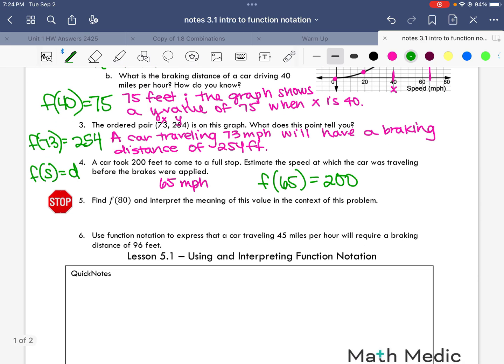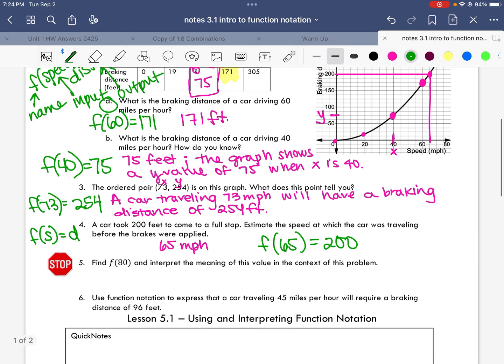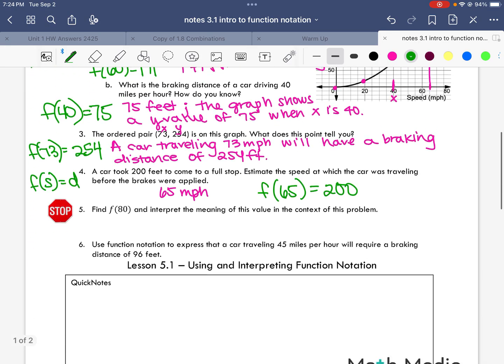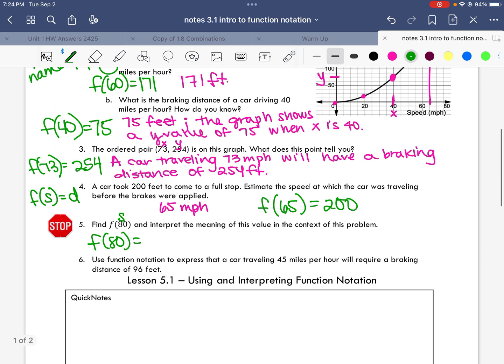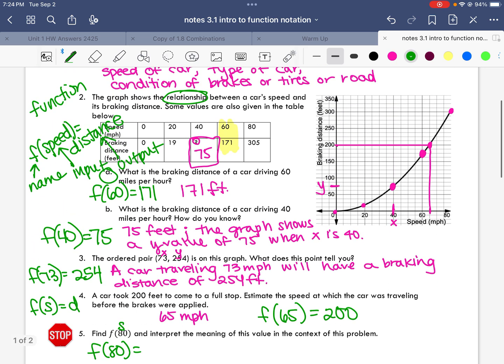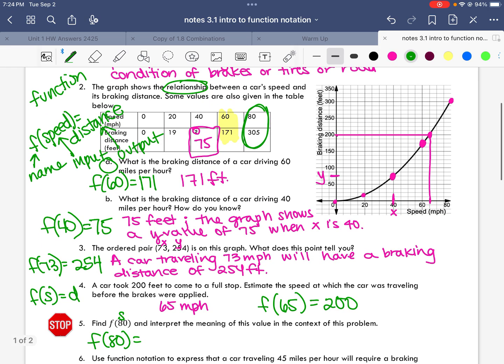Find f of 80 and interpret the meaning of this value in the context of this problem. So they're saying that the speed is 80, and we want to know what the distance is. So f of 80 is going to be equal to, let's come up here, you can look two places. You can look on the graph, or it's right here in the chart also. It was nicely put into the chart for us.